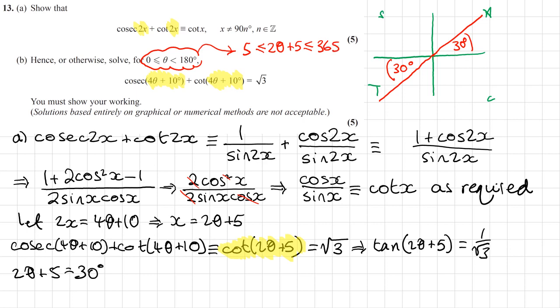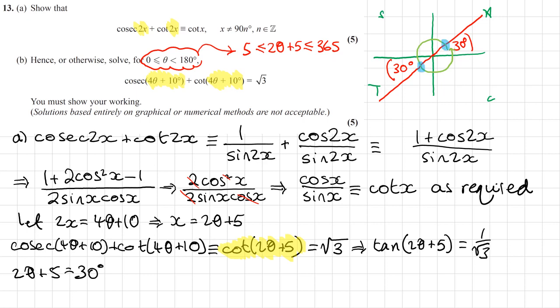So I'm only interested in this cast diagram between 5 degrees and 365 degrees. So let's try and draw what that looks like. So 5 degrees maybe starting here all the way around to 365 degrees here. So we're only looking for solutions in that range, and there's one here and there's one here.